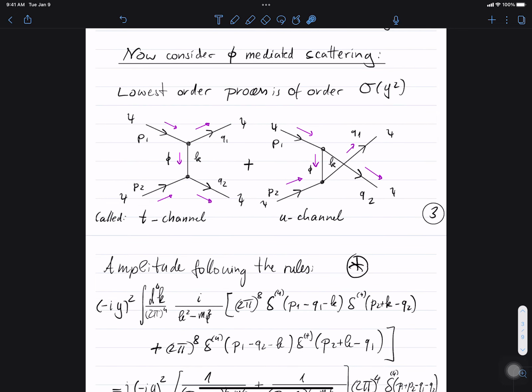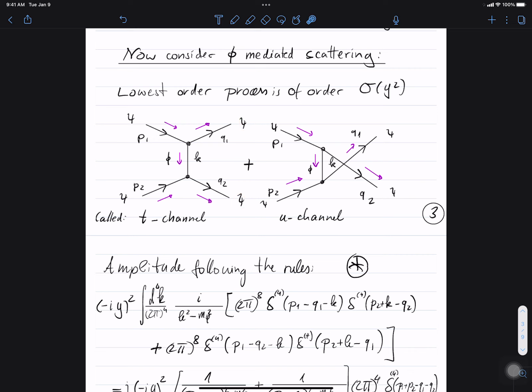Now let us consider another process, phi real scalar mediated scattering. That is the lowest order process of order y squared. Why is it y squared? Because it has two interaction vertices here, and we have two psi particles coming in and exchanging a phi particle, and again going out.